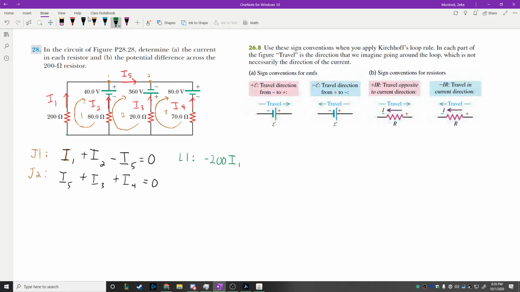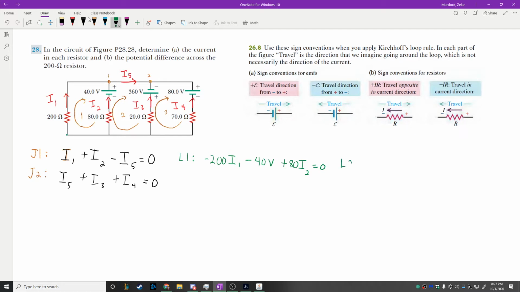We go around here. This is the loop we're doing, so we're going against the 40, so it's going to give us negative 40 volts. And then we're going against the current here, so we get a positive sign. So positive 80 I2. That's equal to 0.